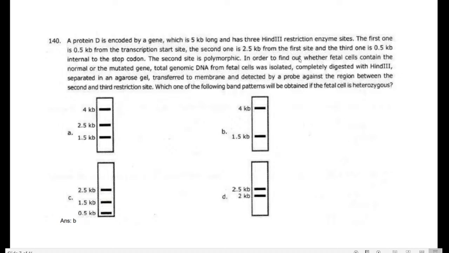In order to find out whether the fetal cells contain the normal and mutated gene, total genomic DNA from fetal cells was isolated and completely digested with HindIII. So the keyword here is completely digested with HindIII. It is separated on an agarose gel, transferred to a membrane, and detected by a probe against the region between the second and third restriction sites, not the first site.